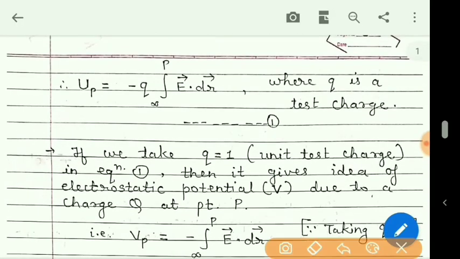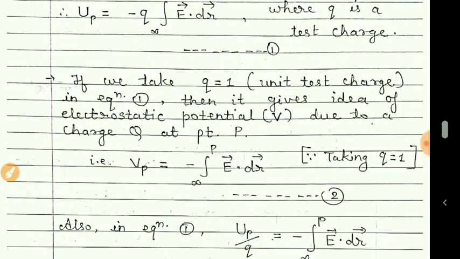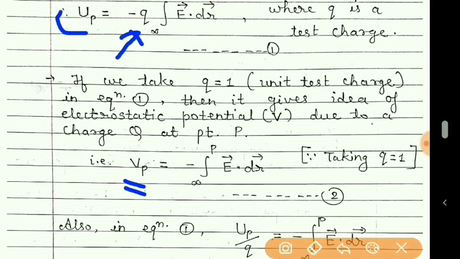So if we consider this as a test charge whose value is Q equal to 1, then we get the potential at point P. When charge Q is there, then it is potential energy. But if Q is not there, then it is a potential. Rest of the things as it is.